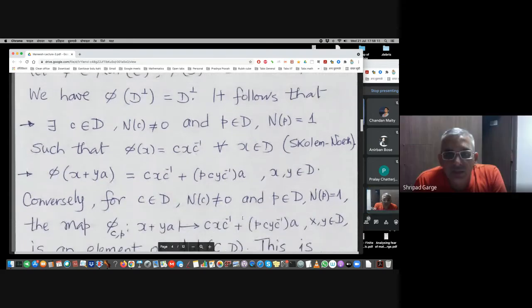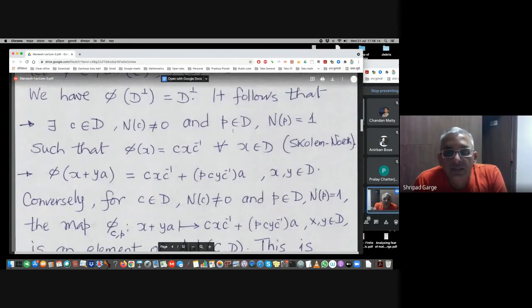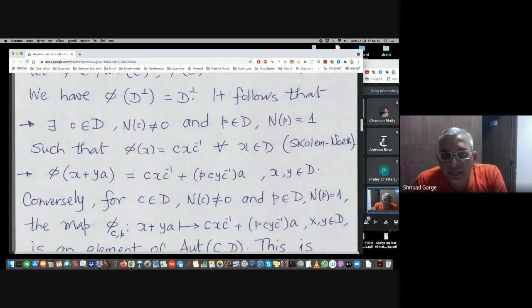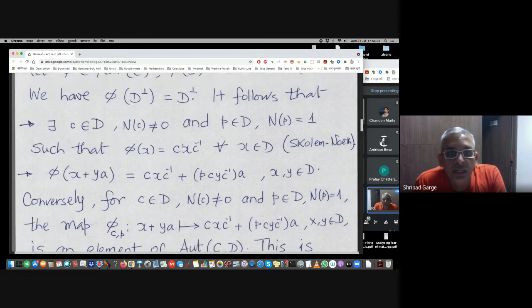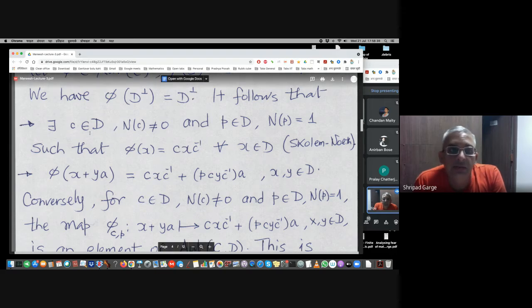Right. So first of all, you can fix an element in D of norm 1, and then you change A by PA and you get an automorphism. That will give you the same D perp, and that gives you an automorphism. And another complication you may add is that you can take conjugation by an element in C of the whole algebra.